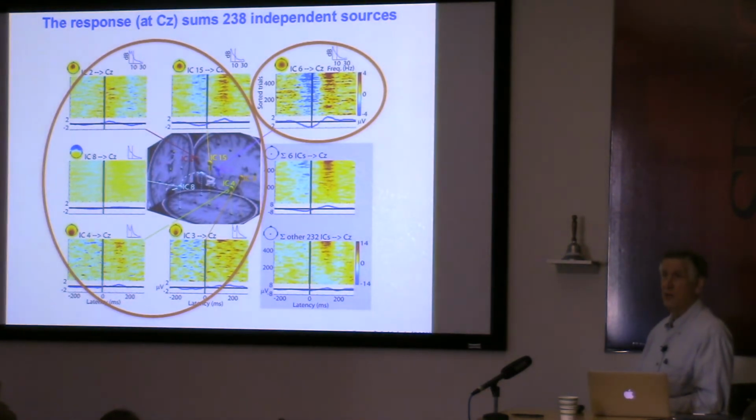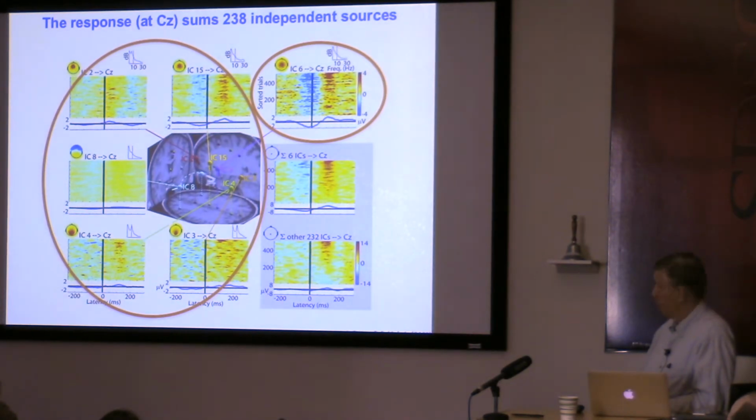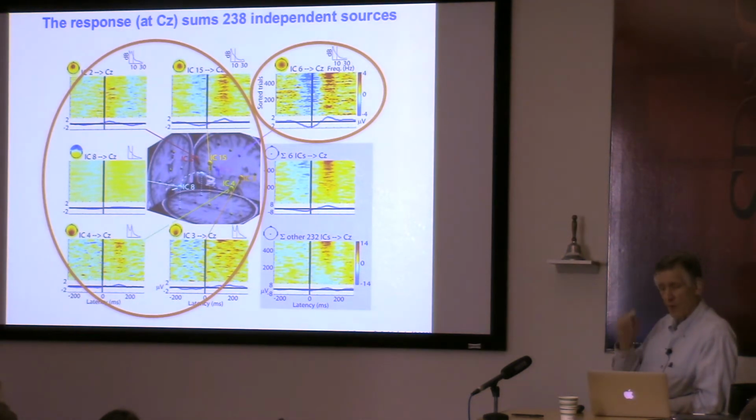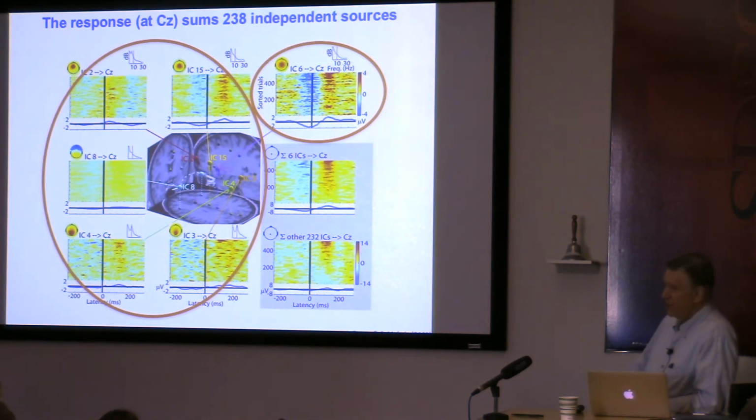So they are independent, in the sense that their exact amplitude or particular latency of the exact peak and so on differs according to the component process. So we call these effective sources.